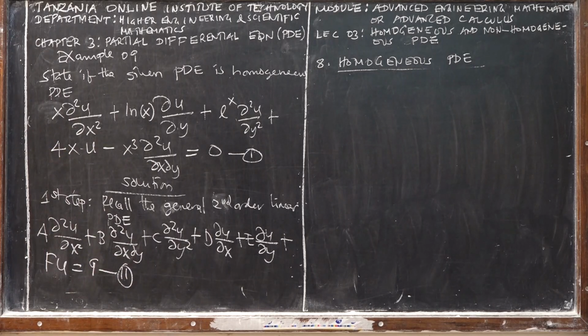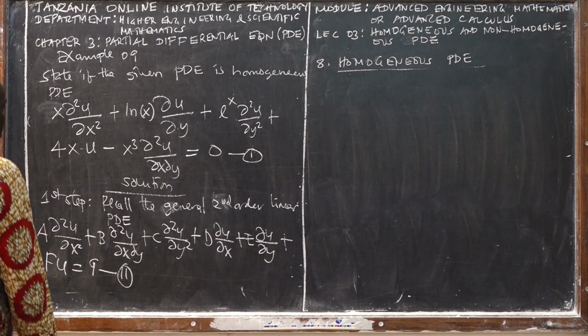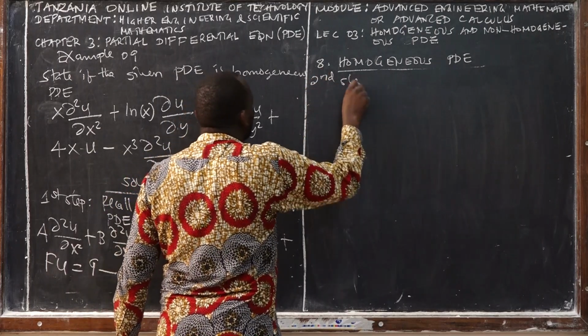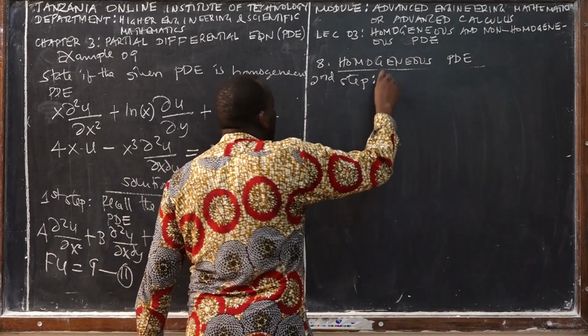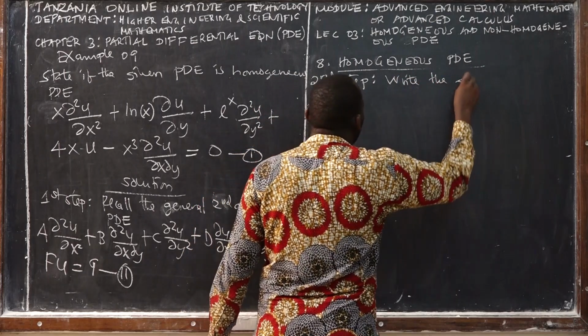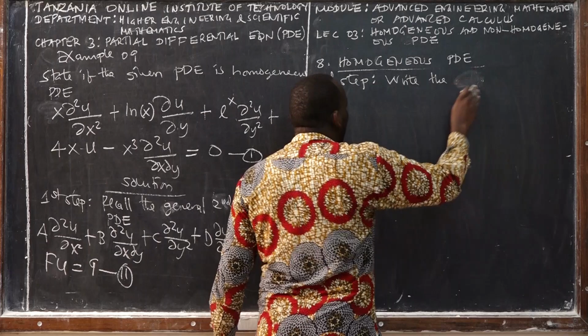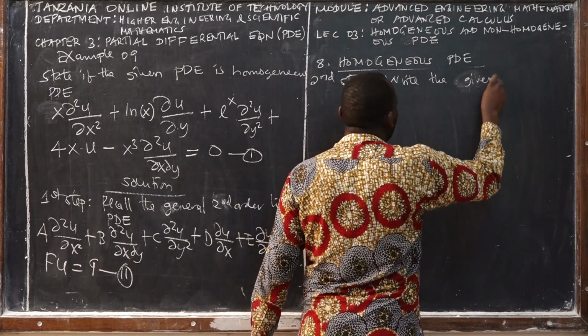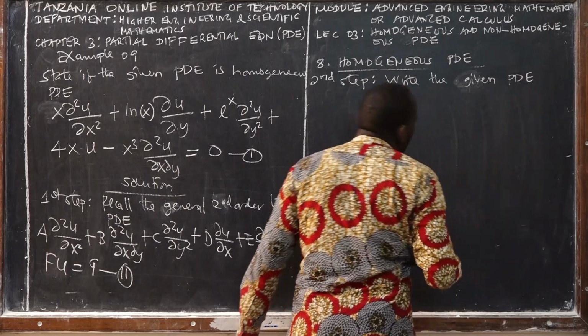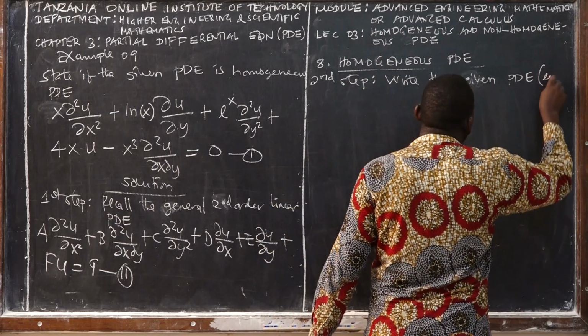Okay, so this is the first stage. Let us move into the second step. In the second step, we write the given partial differential equation. We simply call it equation 1.